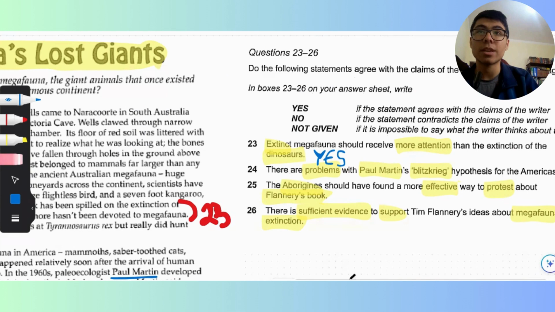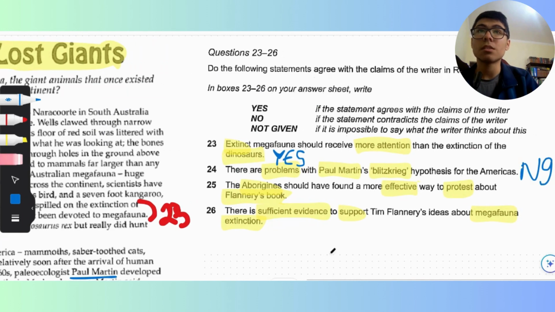Nothing about that, right? So the answer is not given. As you can see, there is reference to many parts of the question, but there are some sections where the passage does not say enough information. There's not sufficient evidence for saying yes or no. Let's continue.